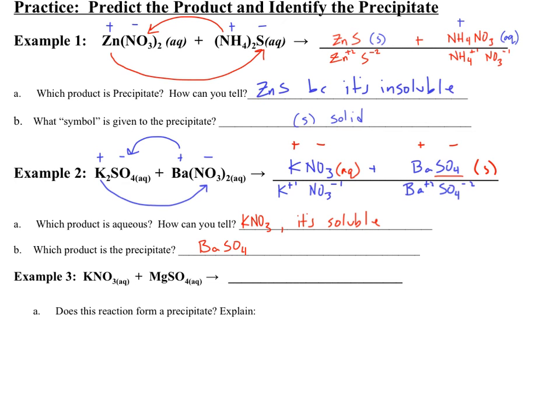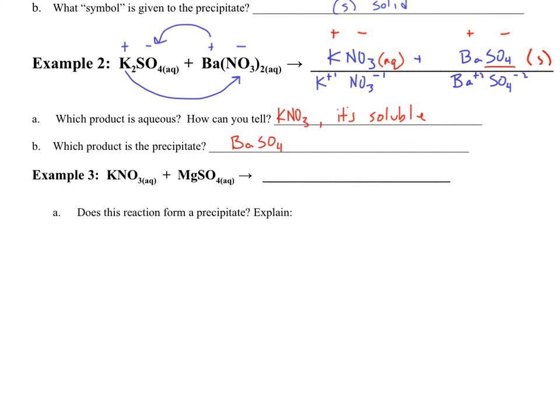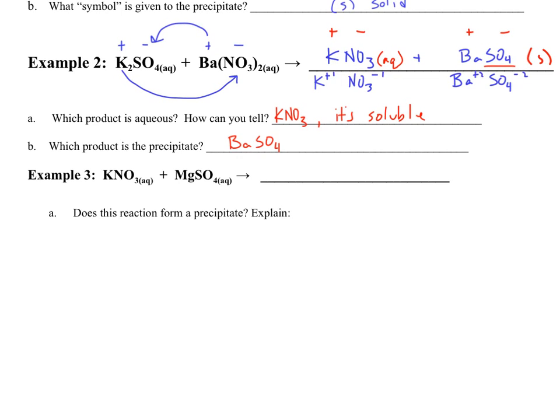So my last example here is between potassium nitrate and magnesium sulfate. So potassium is a metal, nitrate is a polyatomic, magnesium is a metal, sulfate is a polyatomic. So the positive bonds with the negative, positive bonds with the negative, and the positive always gets listed first.